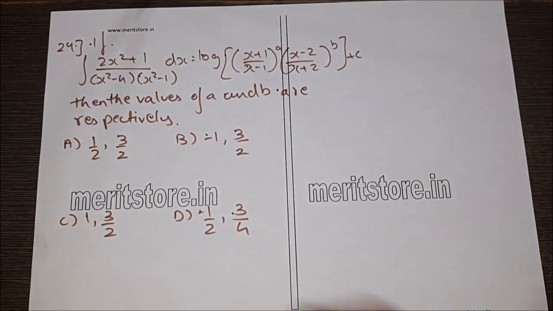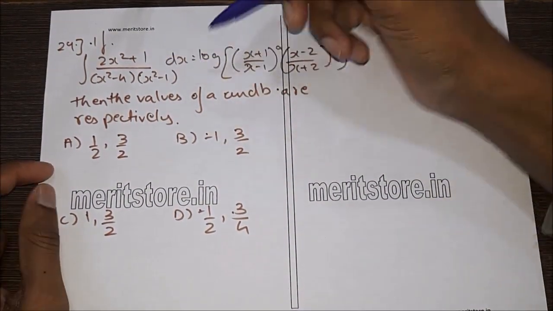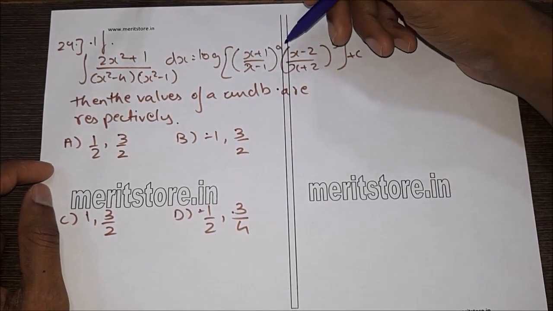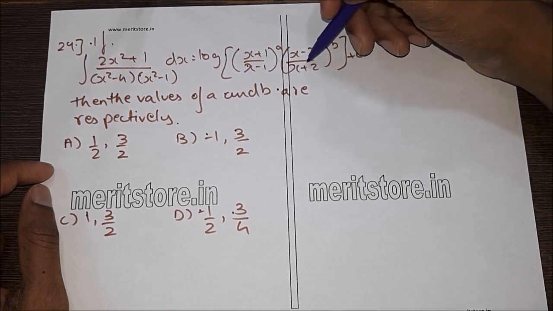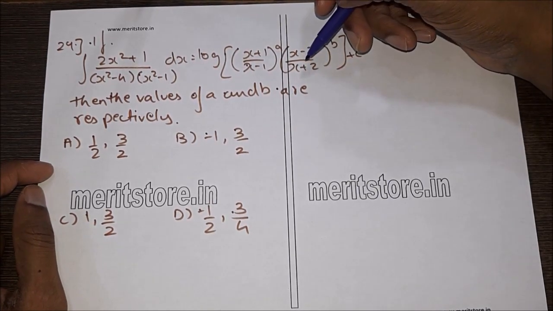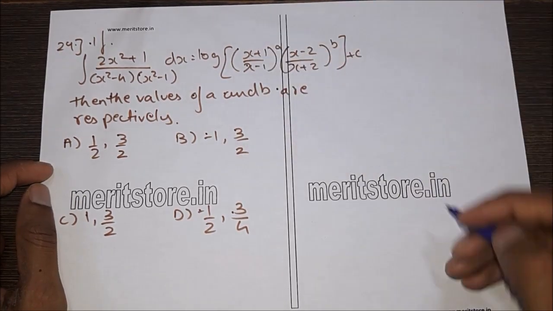Question 29. If the integral of (2x square plus 1) upon (x square minus 4)(x square minus 1) dx is equal to log[(x plus 1) upon (x minus 1)] raised to a, [(x minus 2) upon (x plus 2)] raised to b, plus c, then the values of a and b are respectively. We are given 4 options for the values of a and b.